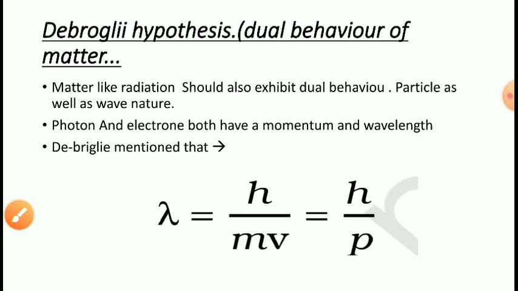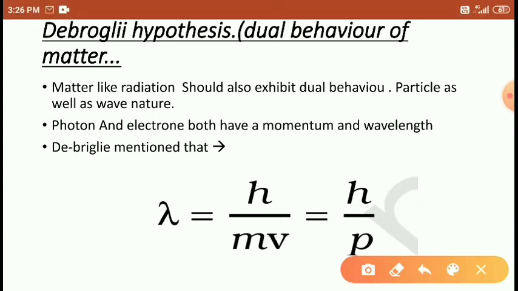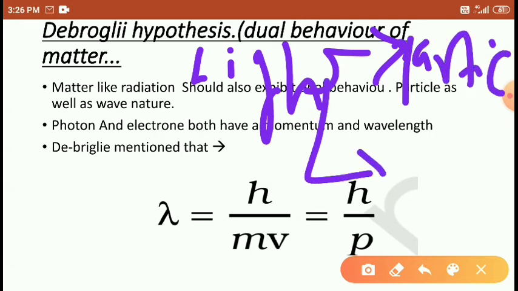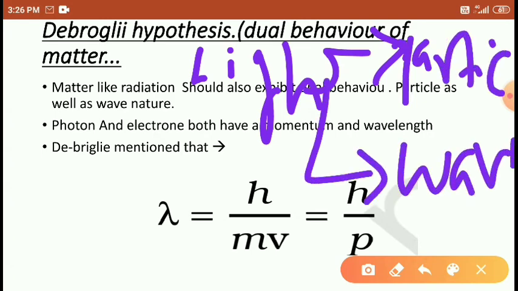So next is the de Broglie hypothesis, or dual behavior of matter. In the previous class we discussed that light has a particle nature and a wave nature.